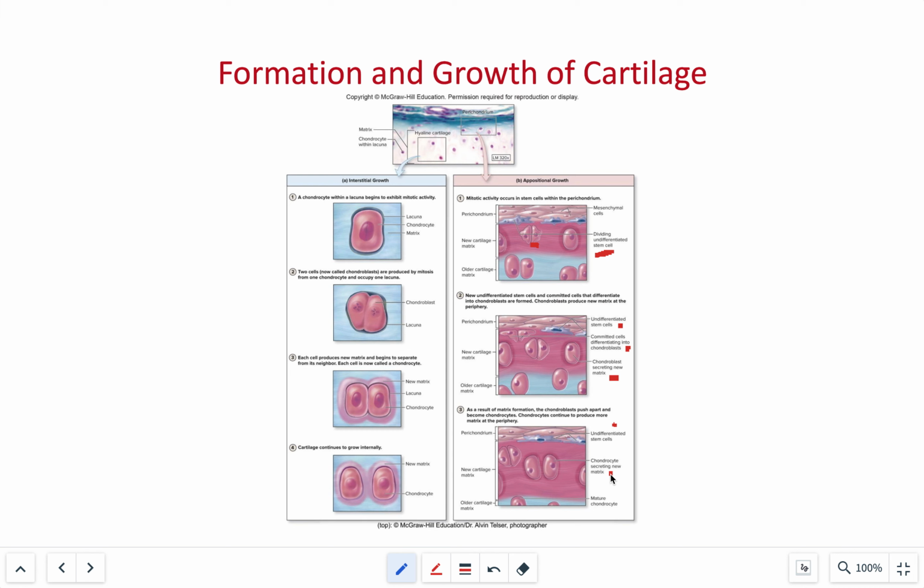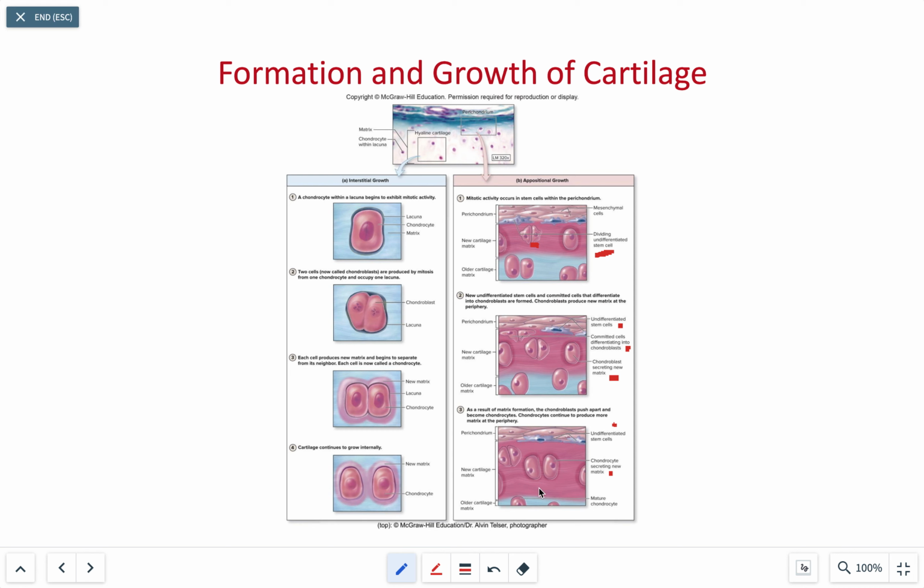So this new matrix that is being produced is going to occur throughout the lifespan or growth of the cartilage. We see interstitial and appositional growth decline rapidly as cartilage matures, because eventually the cartilage is going to become semi-rigid and the matrix is no longer able to expand.